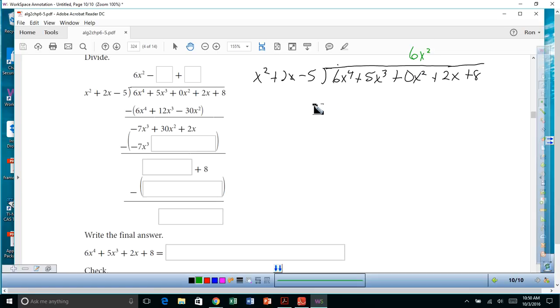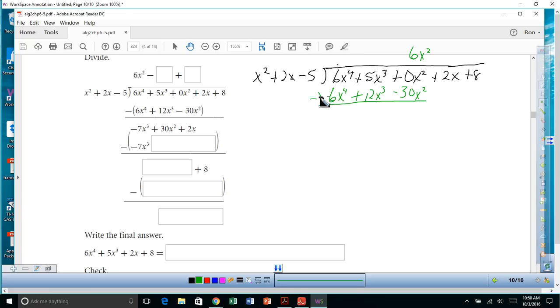It just kind of keeps it linear, and it helps me. 6x squared times x squared gives you 6x to the fourth. 6x squared times 2x gives you plus 12x cubed. 6x squared times negative 5 is minus 30x squared. Now see why you got to put the placeholder in there? If you didn't have that spot, it would get really bunched up quick.